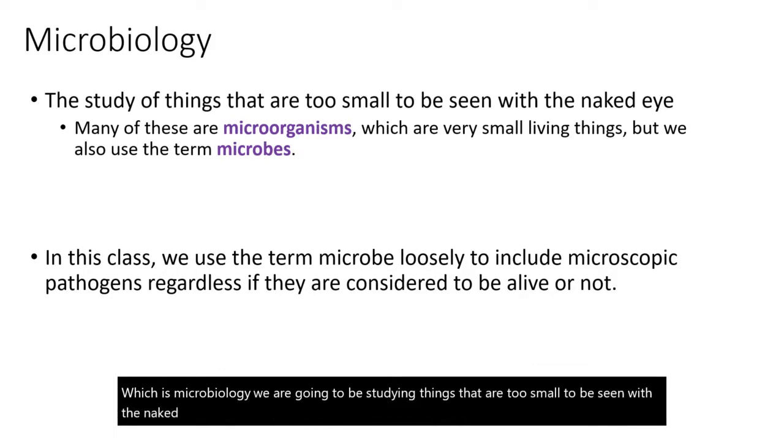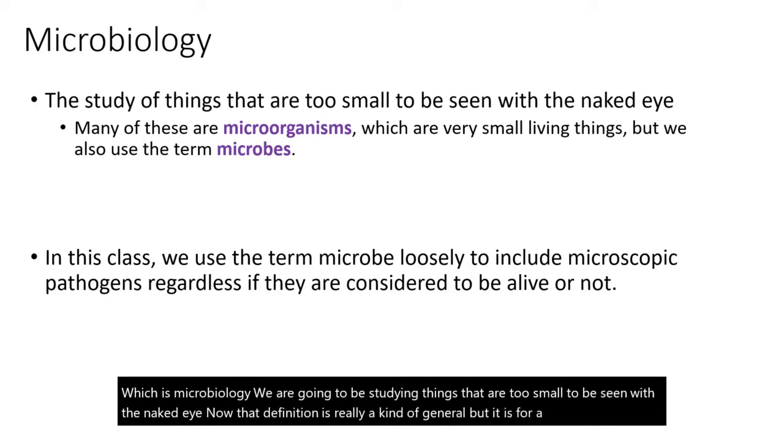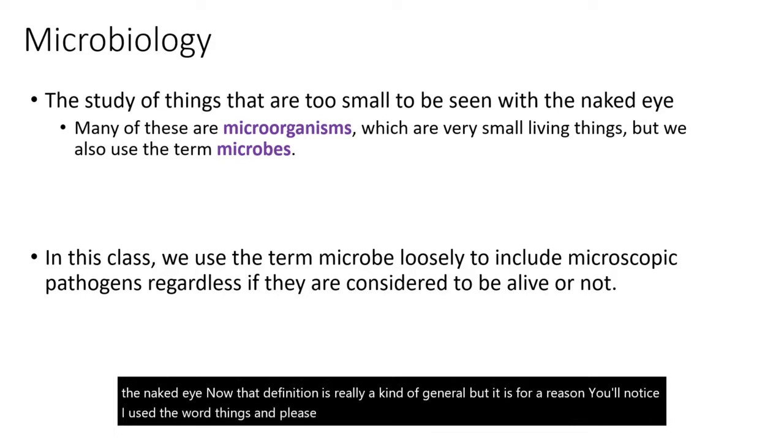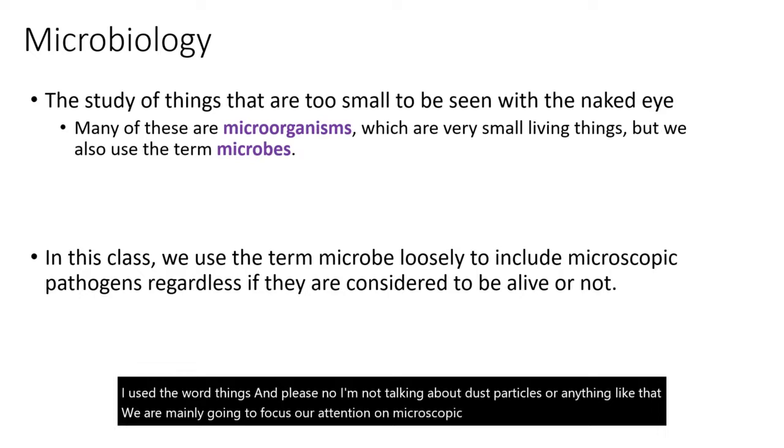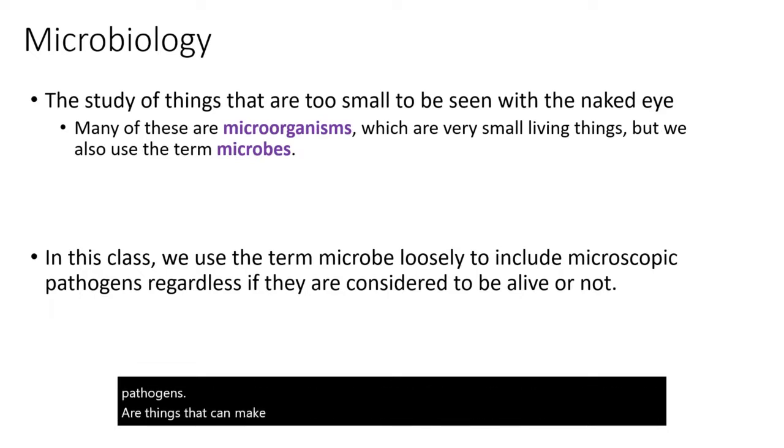Now that definition is really kind of general, but it is for a reason. You'll notice I used the word things, and please know I'm not talking about dust particles or anything like that. We are mainly going to focus our attention on microscopic pathogens. And pathogens are things that can make us sick.